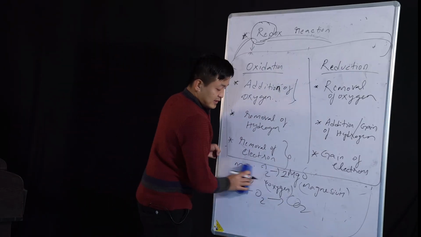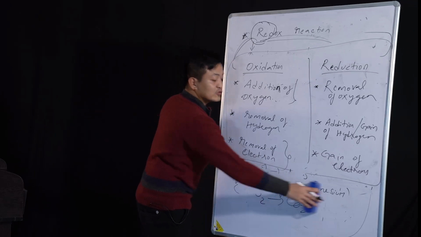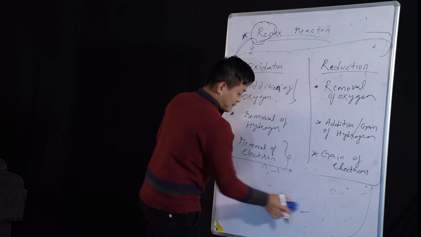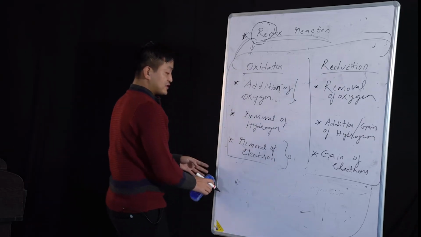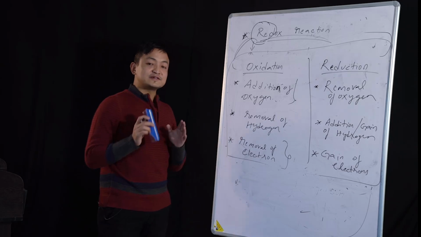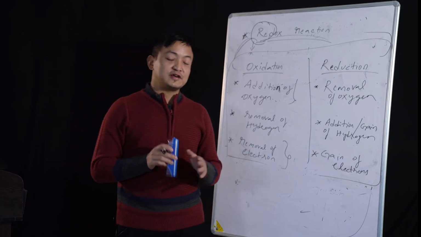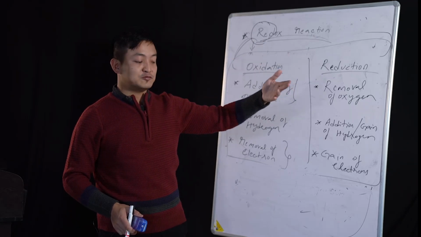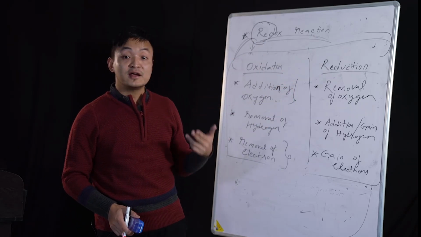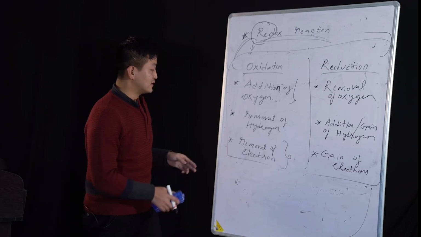And like oxidation, I'll give you a chemical reaction example for reduction reaction. I'll give you a simple chemical equation which you'll be dealing with even in the second chapter, third chapter, fourth chapter as well. Clear?